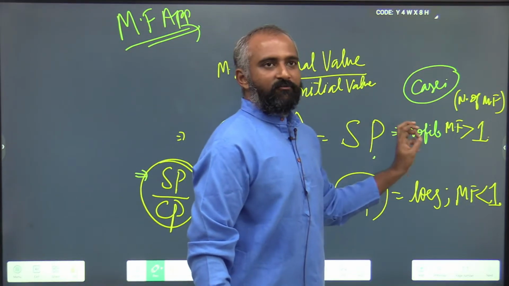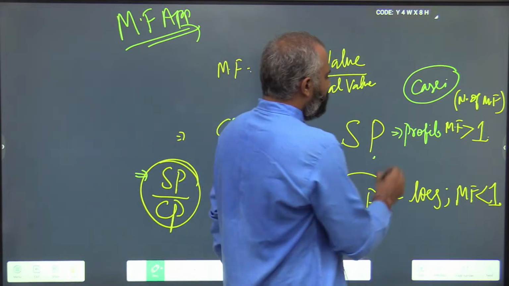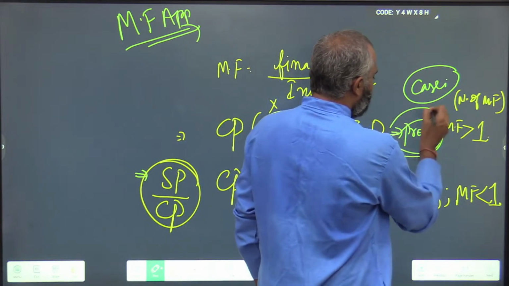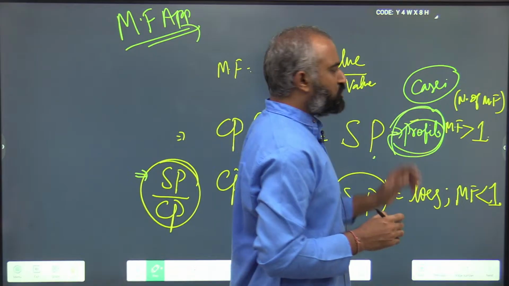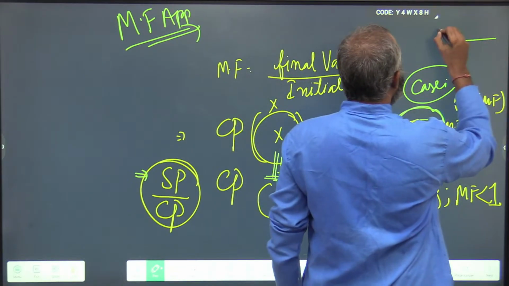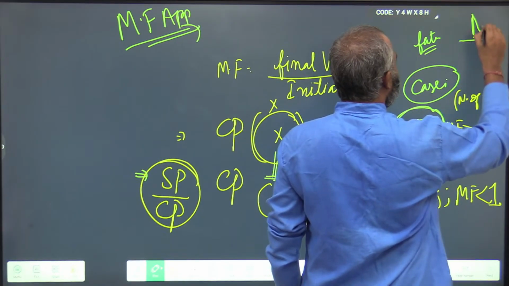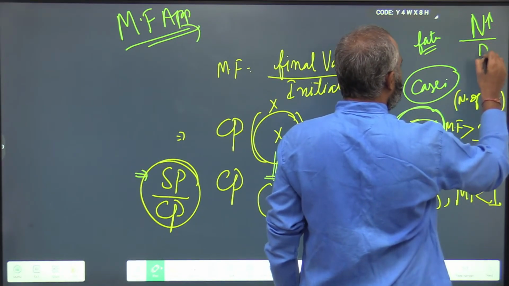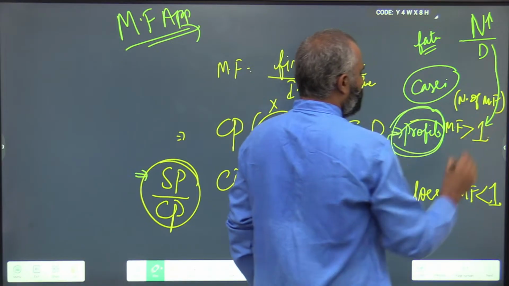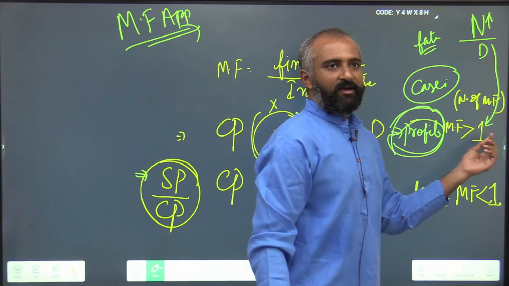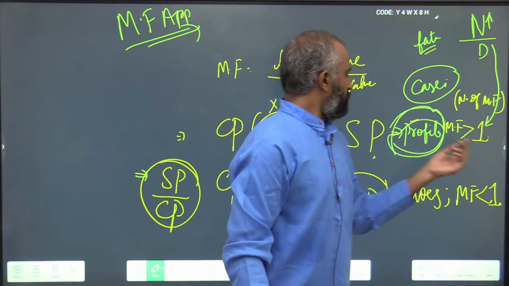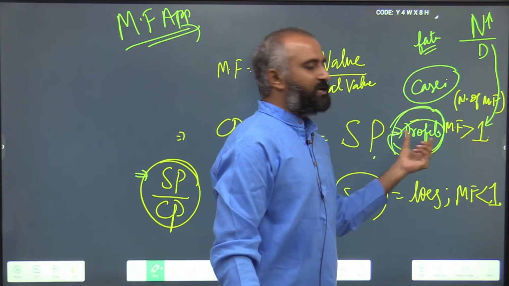From this we can derive one observation. If we need profit, what should happen? In your factor ratio, the numerator has to be greater than the denominator. Then only your multiplication factor value will be greater than 1, and this will lead to profit.